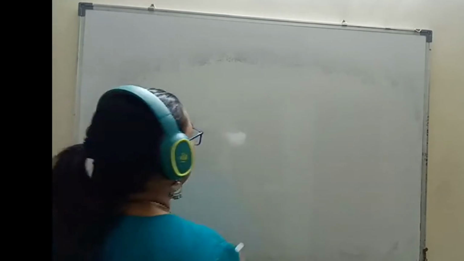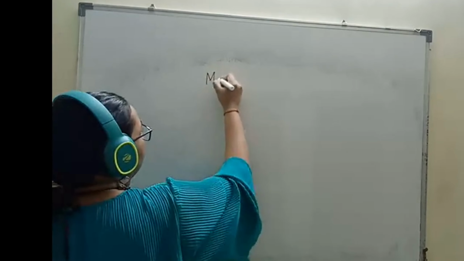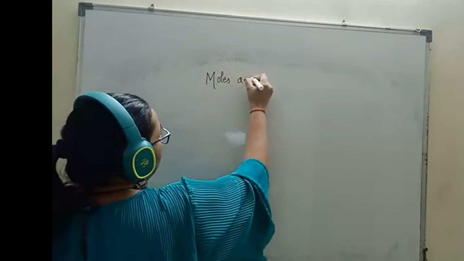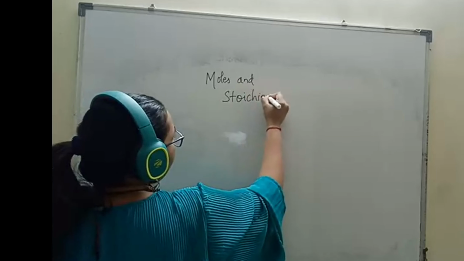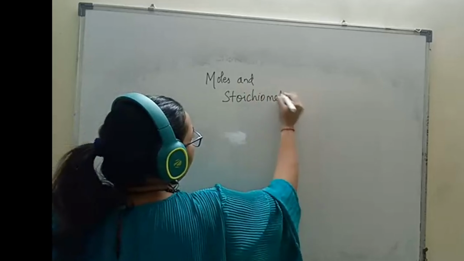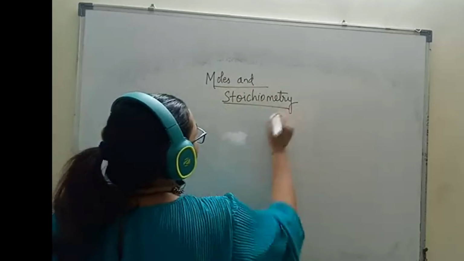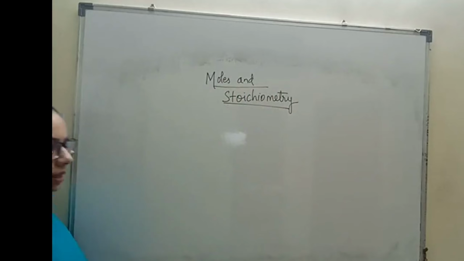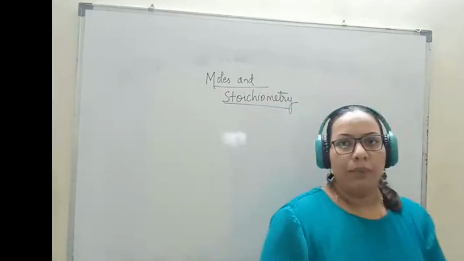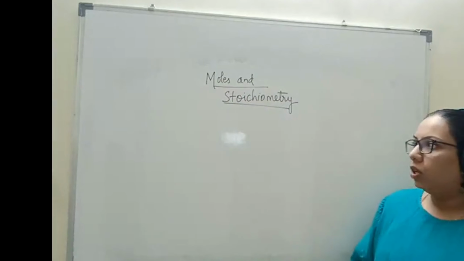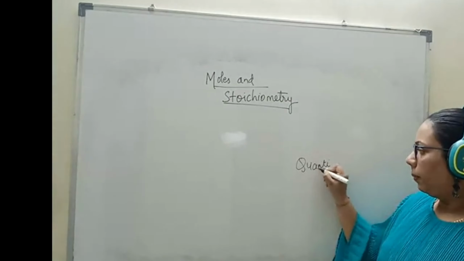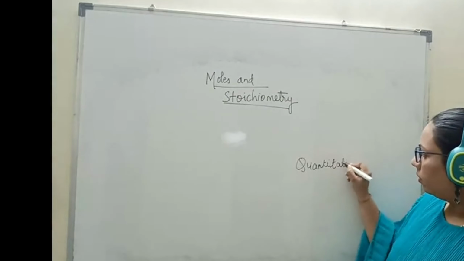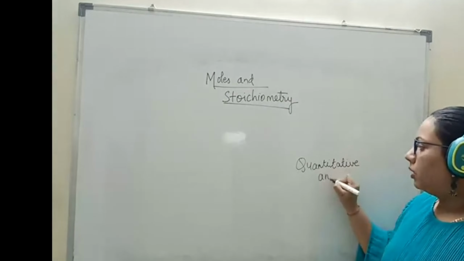We're going to be starting with the next chapter, which is moles and stoichiometry. This is a branch of chemistry where you're doing a lot of quantitative analysis, that is, a lot of measurements.